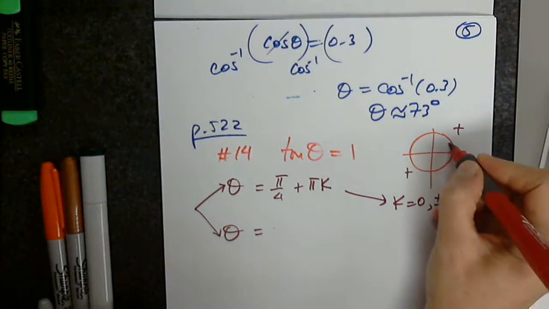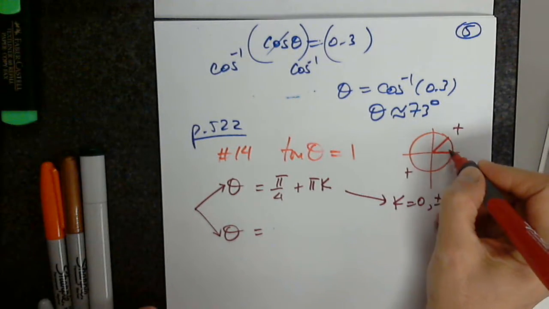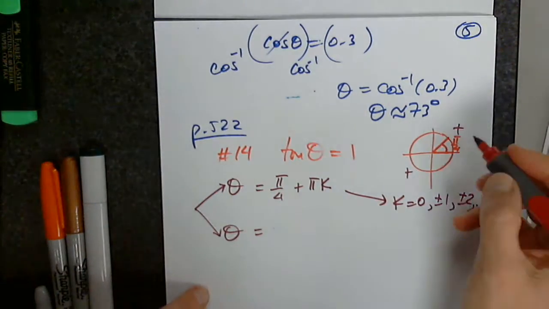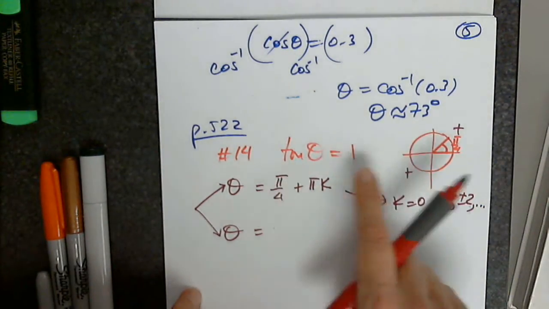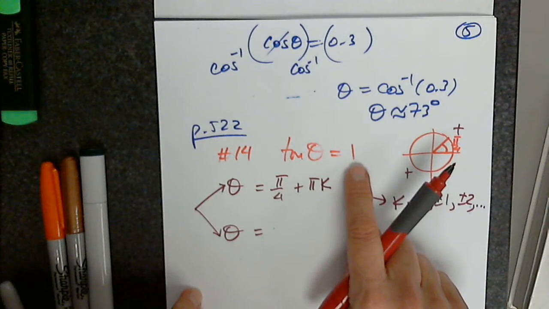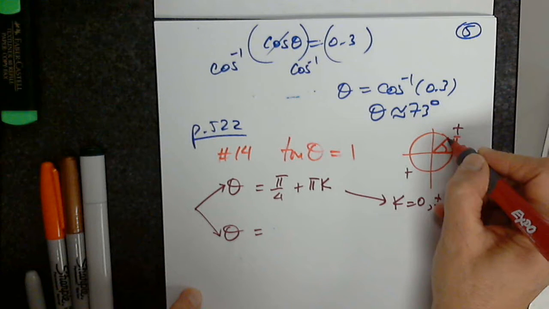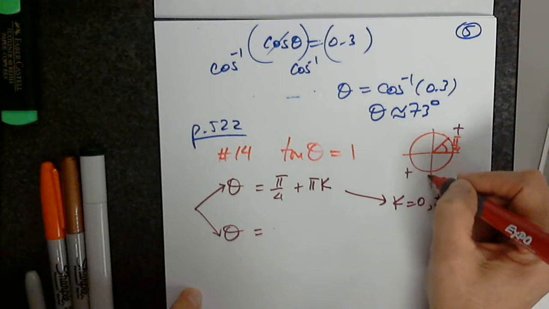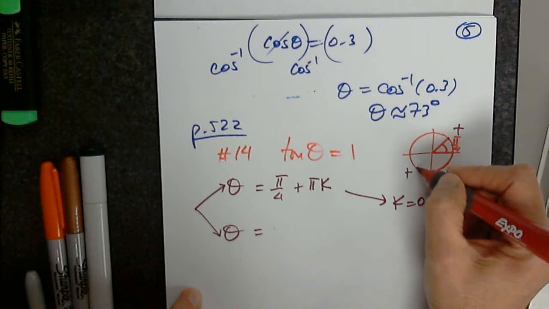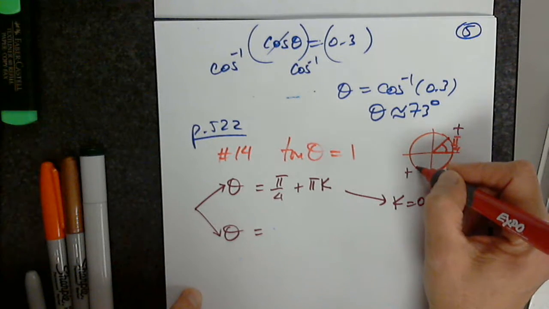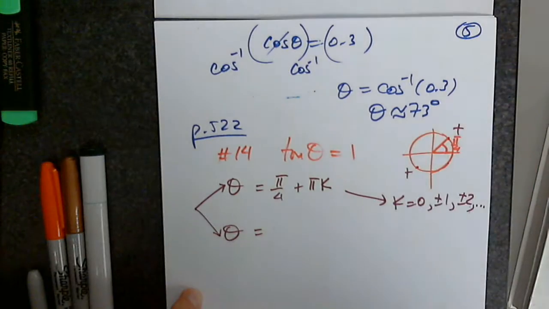I hope you agree that this is the angle right here in the middle, the angle pi over 4. If I apply tangent to this angle, I get 1. But if I apply tangent to the angle pi over 4 plus pi, I will get the same answer.